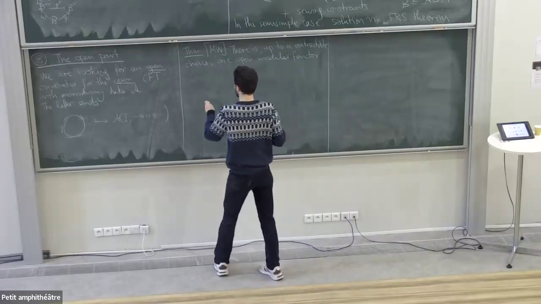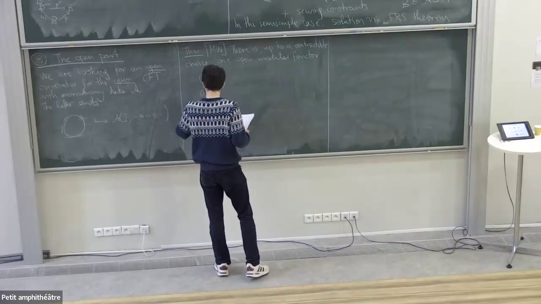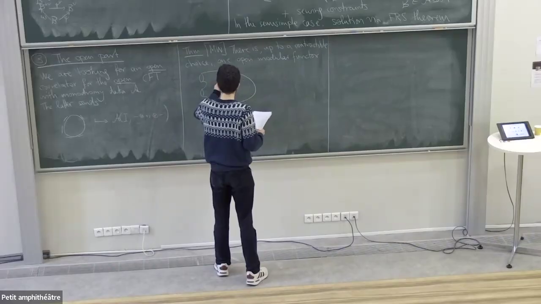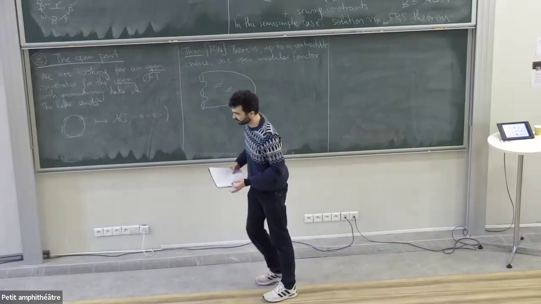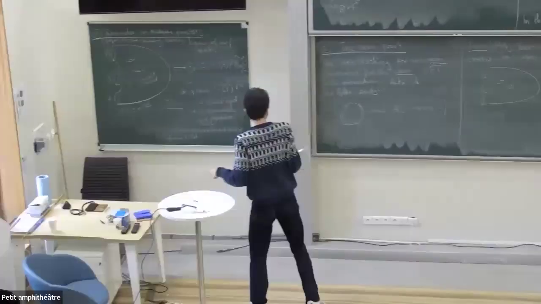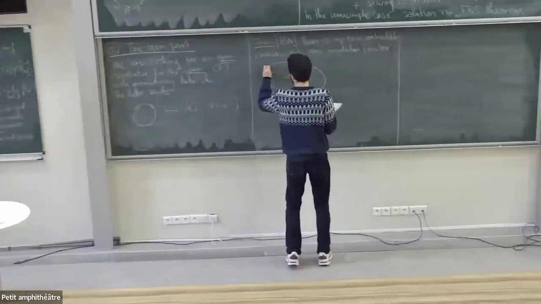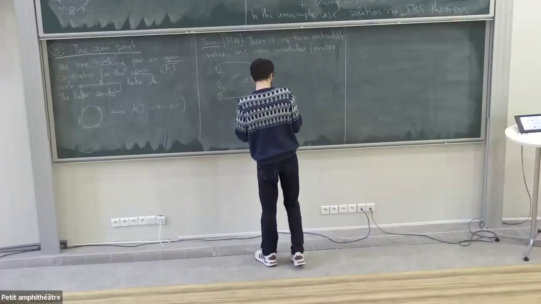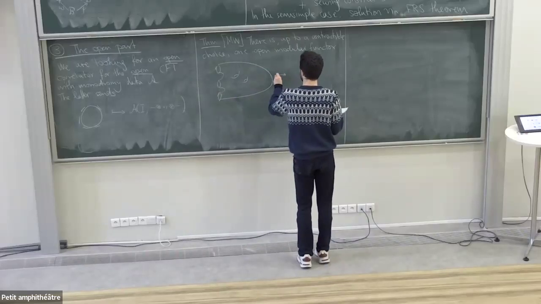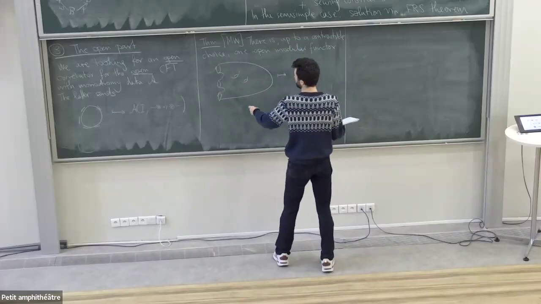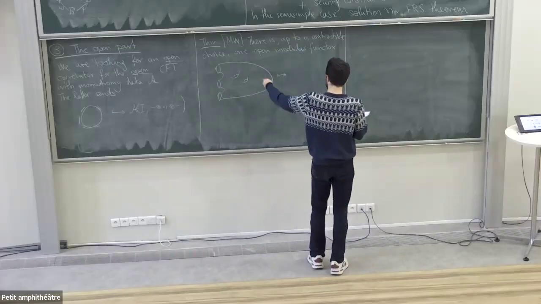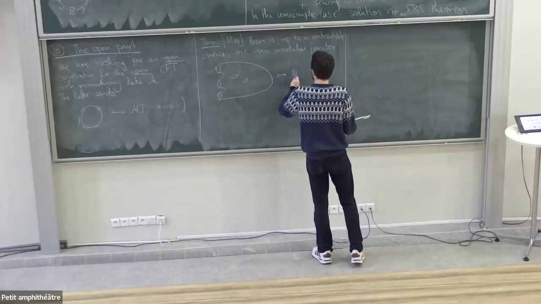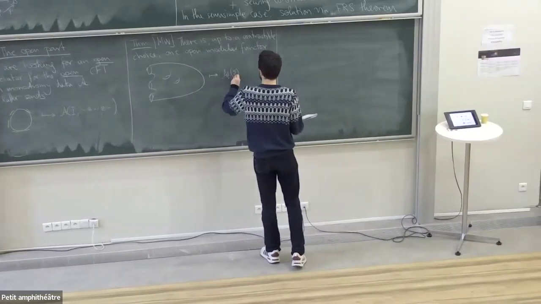This means that I want to provide for all surfaces, for all operations in the open surface operator, meaning that I have compact oriented surfaces like this, and then I have a bunch of embedded intervals. Maybe here I have 1, maybe here I have none, maybe here I have 2. That makes in total 3. Let's say I denote this number by n, so this is n many. This is of course just an example that I drew. And there is then for such a thing a left exact functor.